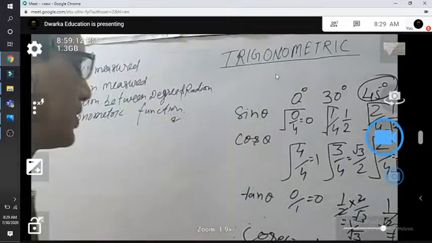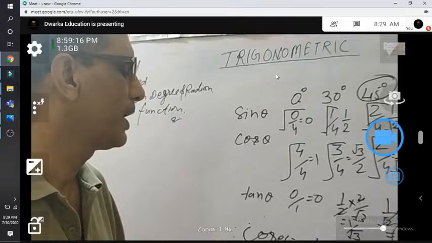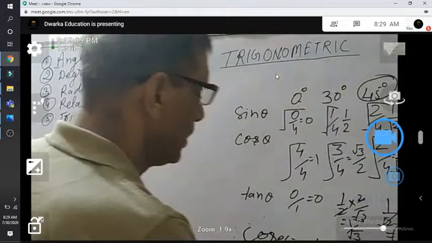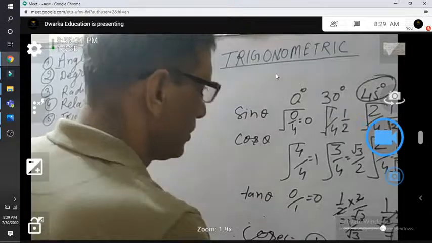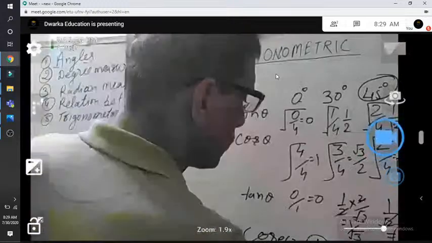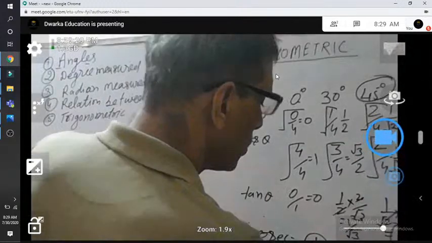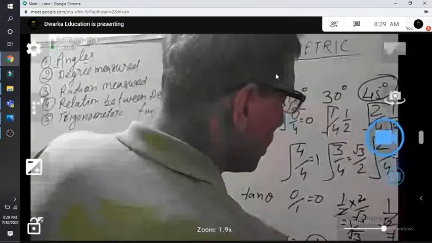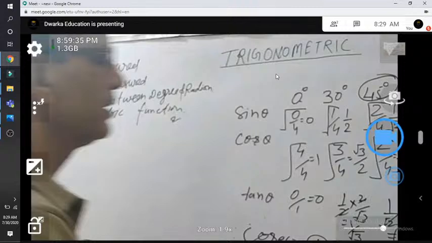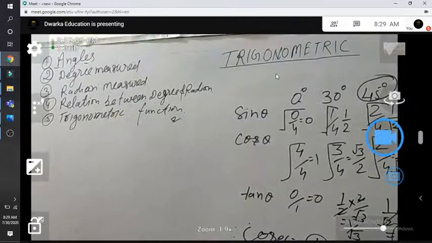These are the cosecant values; we reverse this, and so on. We can find out the secant also. It is 1, 2 by root 3, root 2, 2, and not defined, infinity. These are the values of secant theta.